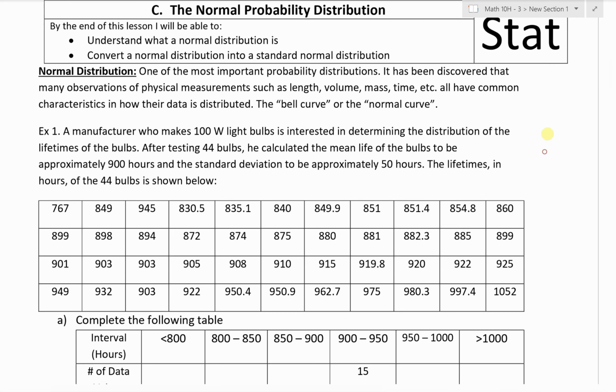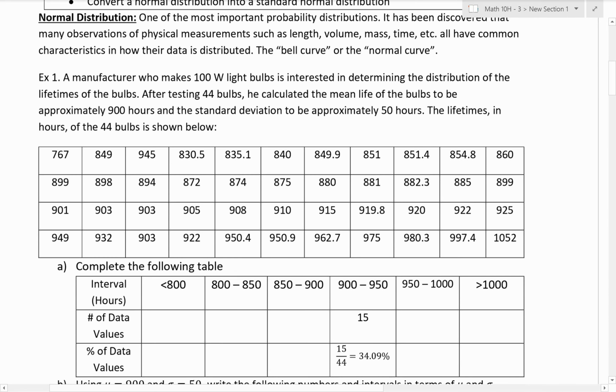Let's look at this first example here. It says a manufacturer who makes 100 watt light bulbs is interested in determining the distribution of lifetimes of the bulbs. After testing 44 bulbs, he calculated the mean life of the bulbs to be approximately 900 hours and the standard deviation to be approximately 50 hours. The lifetimes in hours of the 44 bulbs is shown below here.